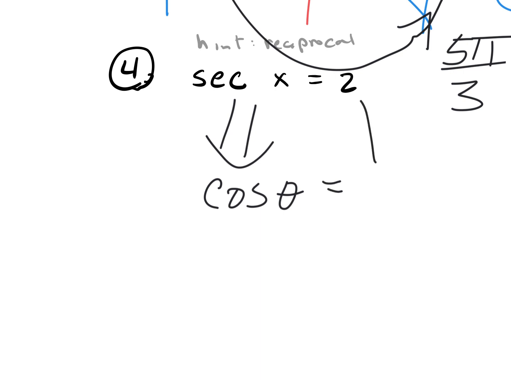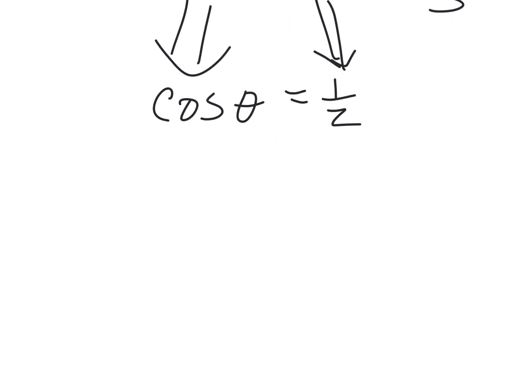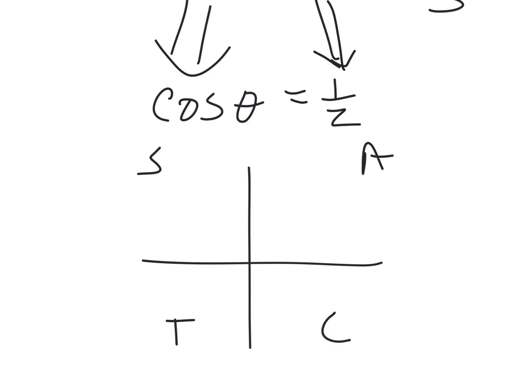And then 2 isn't equal, so I'm not going to put an equal sign. I want to put a double arrow. That's a way to say I'm changing this to 1/2. And then cosine of 1/2, cosine's positive, ASTC, cosine's positive over here and here. And cosine's adjacent over hypotenuse, and then this must be square root of 3.